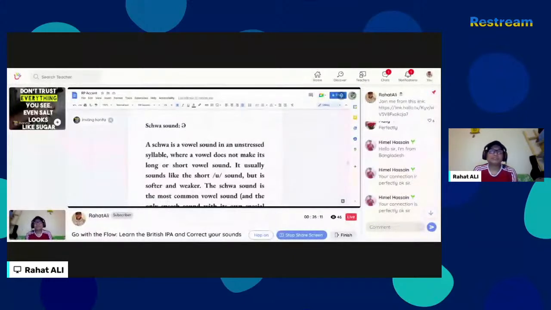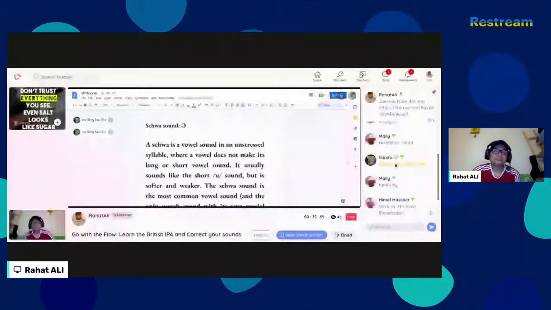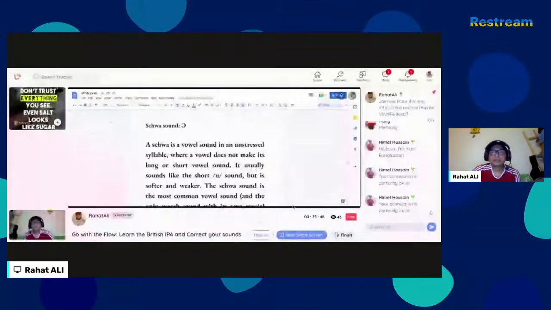Sometimes it happens on this app or the web as well. If you're not able to join, it's better for you to log out and log in again. Right, gone.